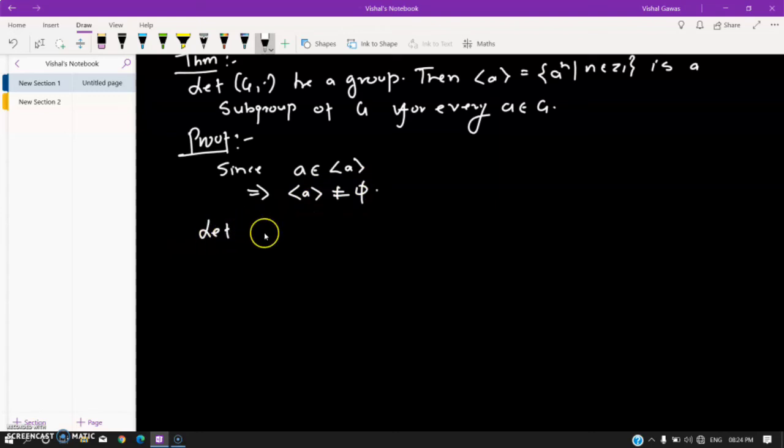So let x, y belong to the set generated by a.